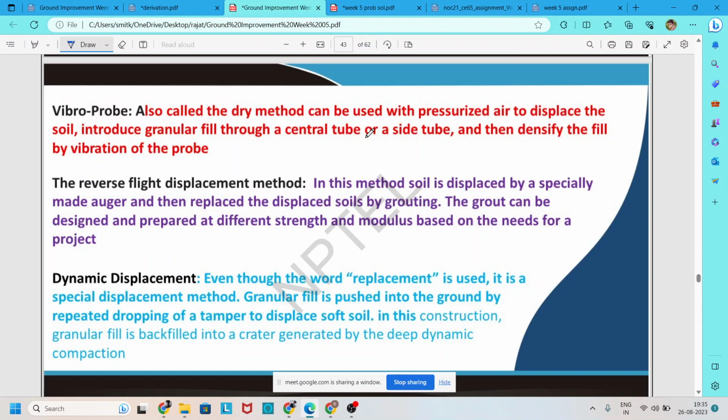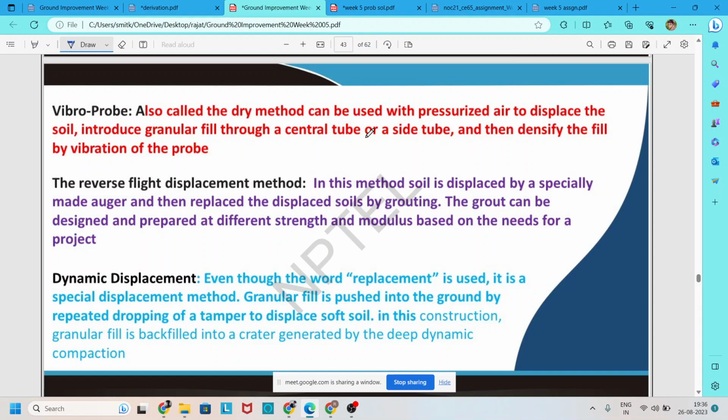In dynamic displacement, we use the same approach as deep dynamic compaction. We use a crane and a heavyweight tamper. This tamper falls from a quite large height, like 30 to 40 meters, and we release it to drop freely, and the ground subsides and a crater forms. This crater is filled with good backfill material.